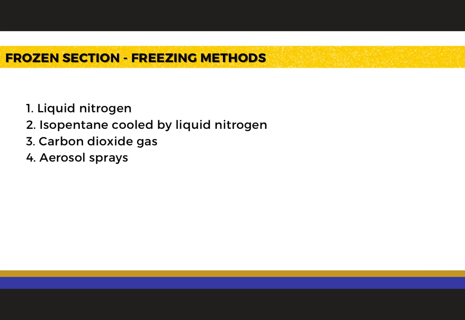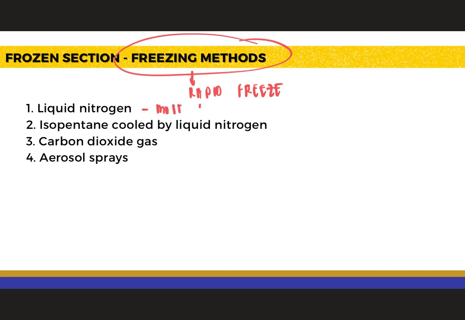Now let's go to your freezing methods. In freezing methods, we have a term called rapid freeze. Slow freezing, or mabagal na pag-freeze, causes distortion due to ice crystal artifacts. What are the freezing methods? We have the most rapid and commonly available, which is your liquid nitrogen.